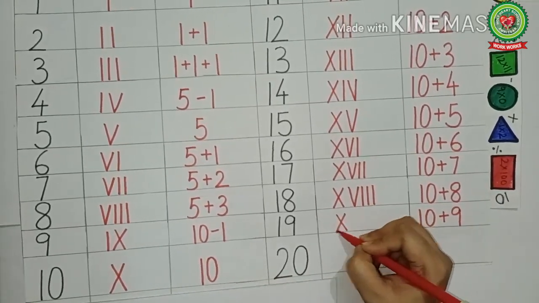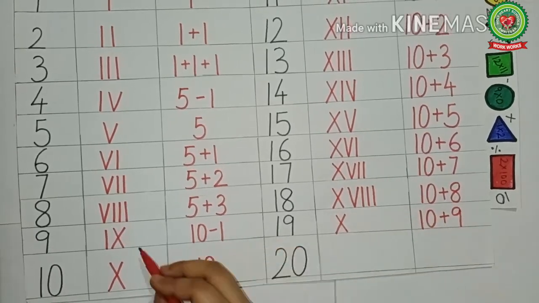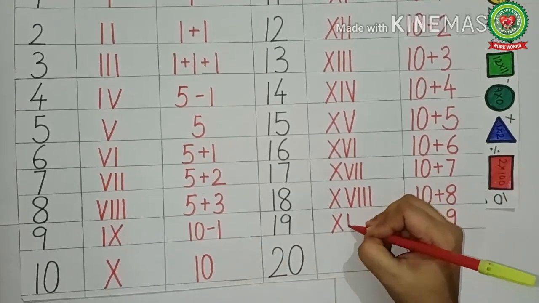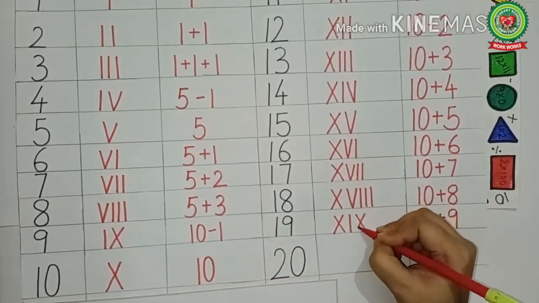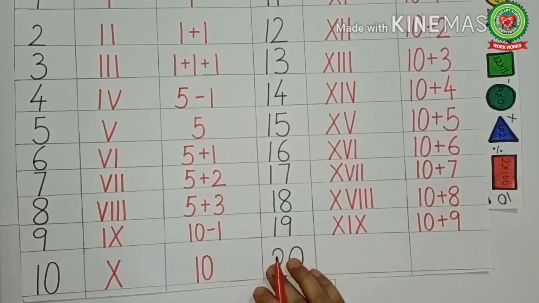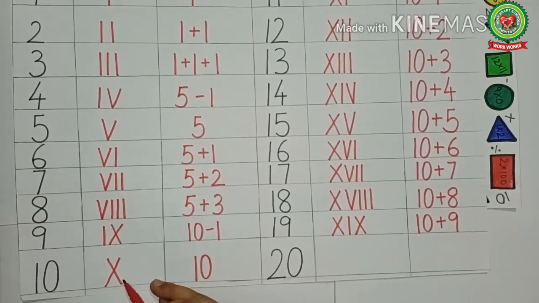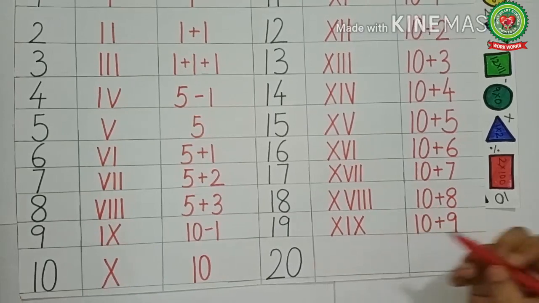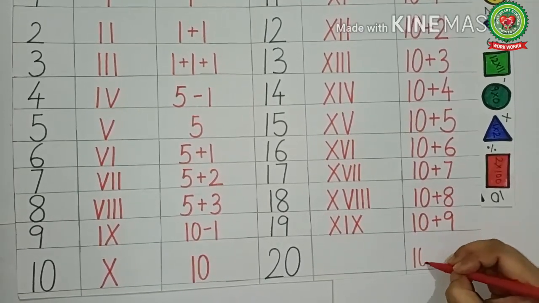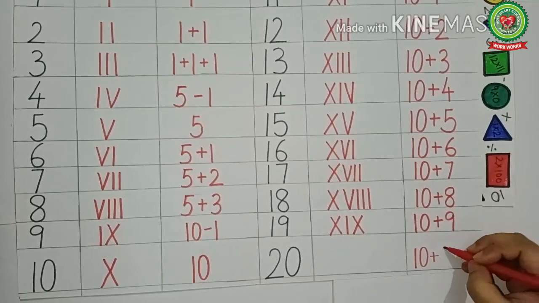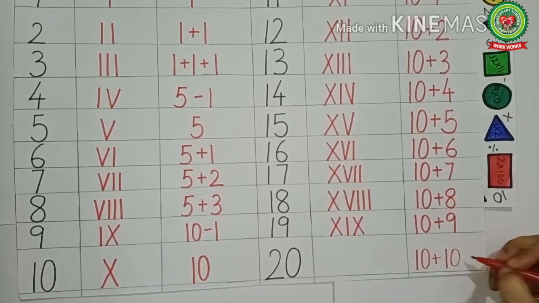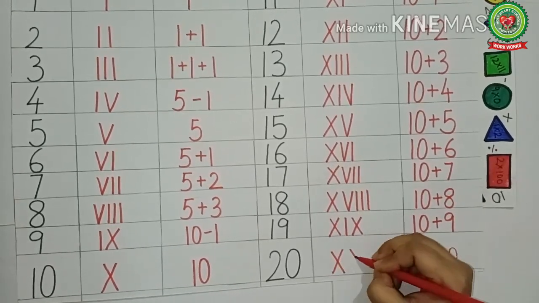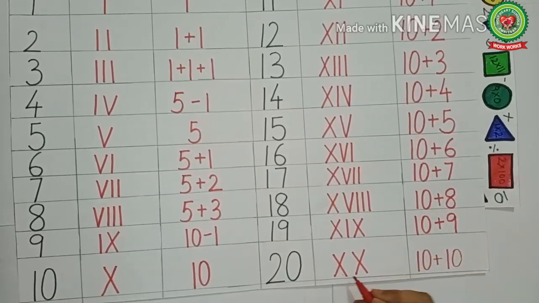That is X. How do we write 9? I have shown you here. 10 minus 1 is 9. That means I, X. Next is 20. Now if 10 means 1 X, then 20 means how many X? 2 X, because 10 plus 10 is how much? 20. So over here we will write X X.